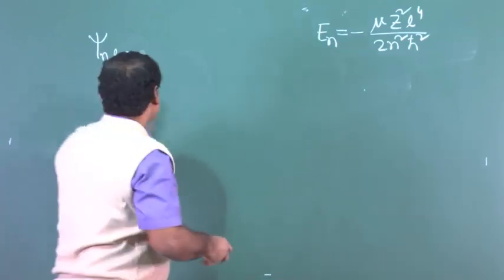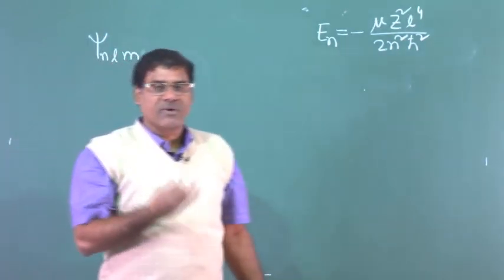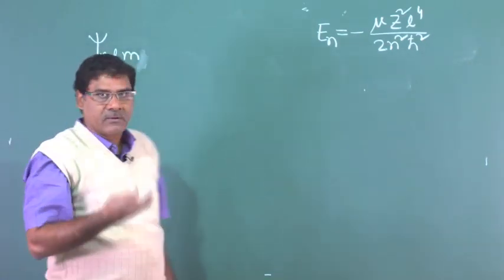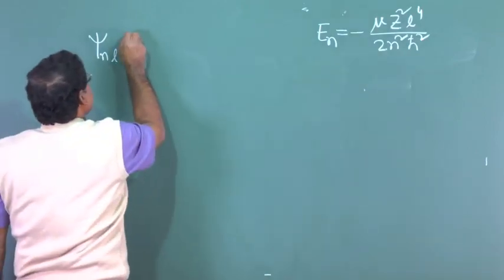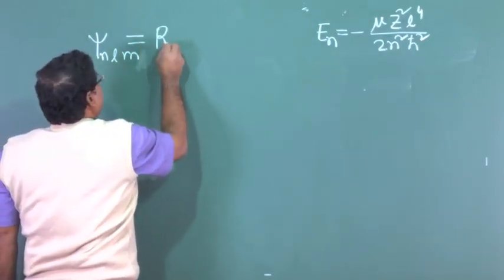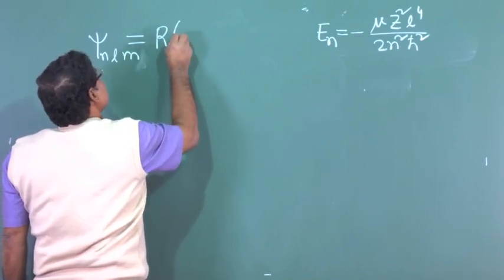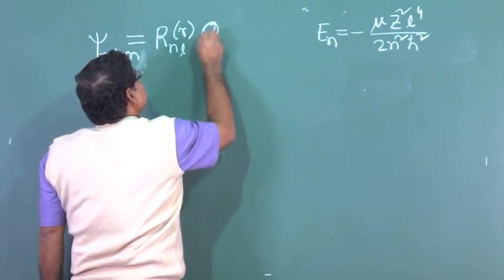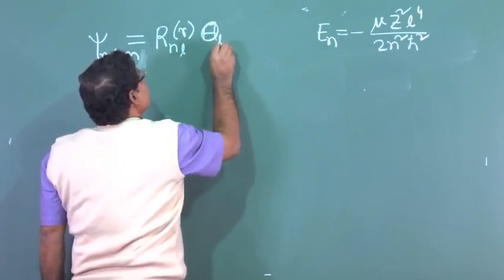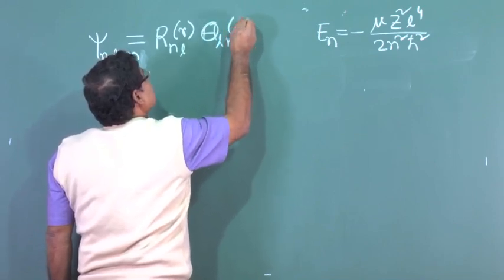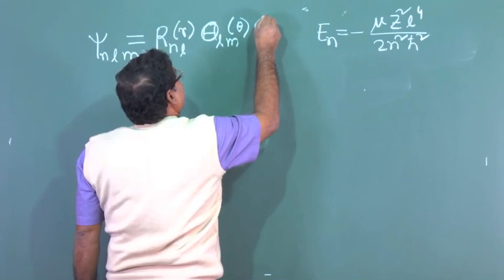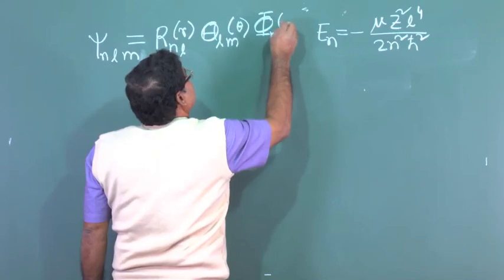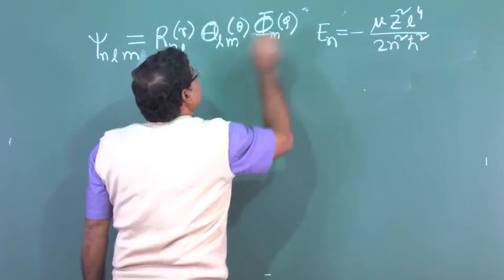So, we got the eigen wave function solving the Schrodinger equation for hydrogen like atom, and it is basically in this form: R n l, a function of R, then theta l m, a function of theta, and phi m, a function of phi.